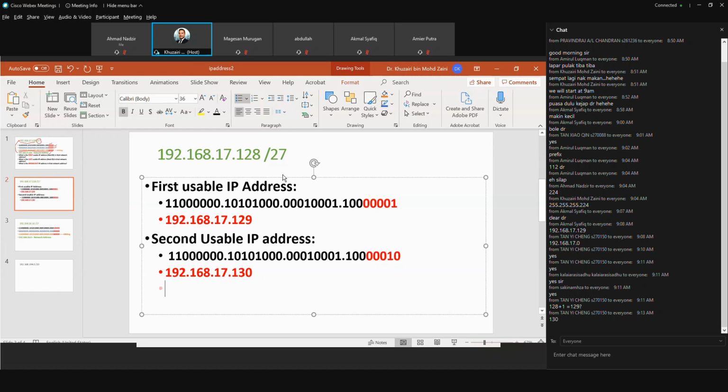So the last usable IP will be, how much?